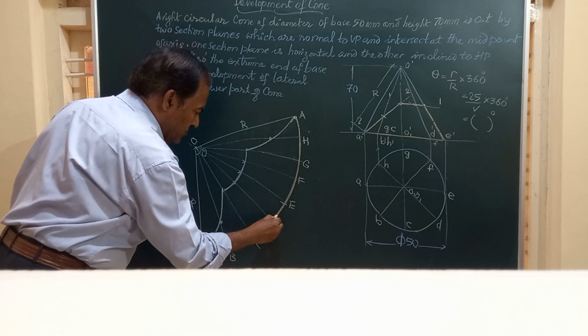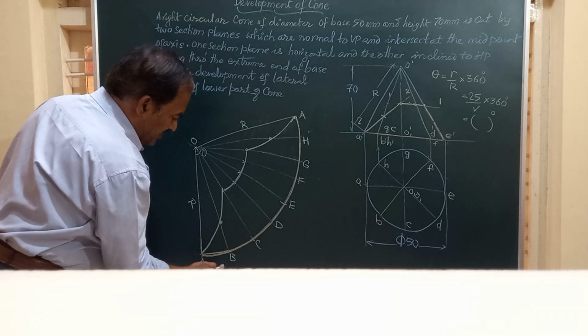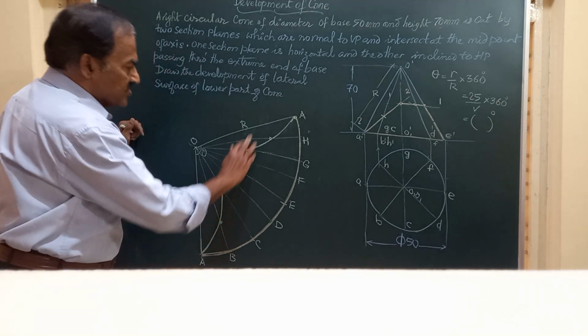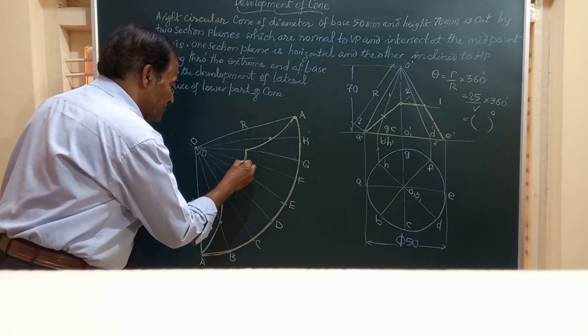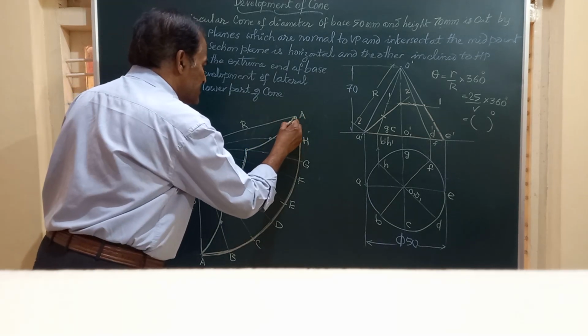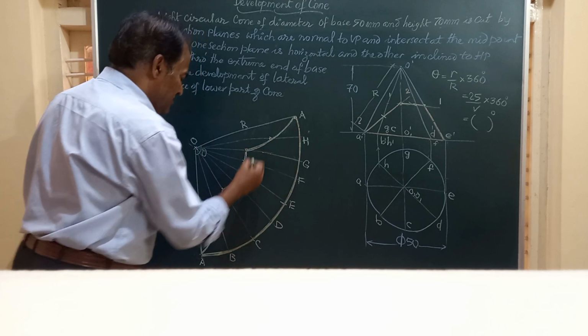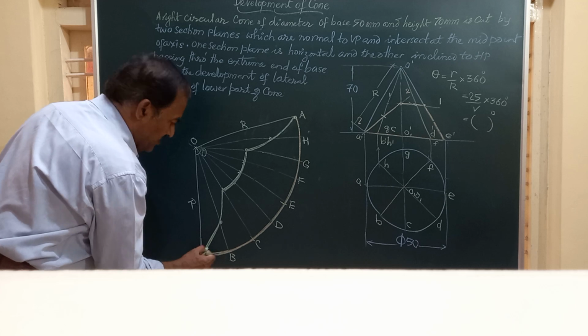Friends, in all the cones and cylinders, only the borders or the outline of the figure is to be shown by dark lines, like what I am writing now. So this is going to be an arc. This is the final development of this.